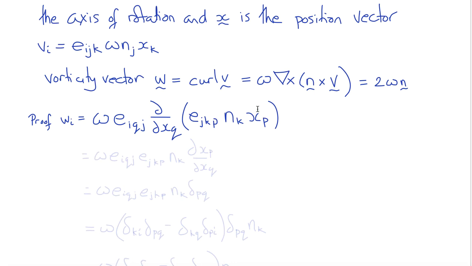So similarly with the curl, you see we have i, q, j. The q refers to the derivative operator, and then the j refers to the component of this new vector n cross x. And then the i would be the components of the resulting vector, which we've defined to be W after multiplying by ω.